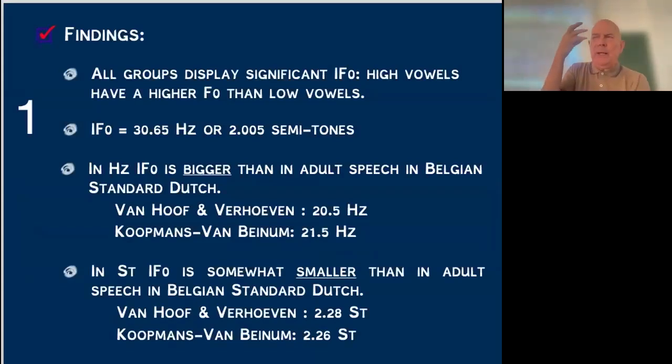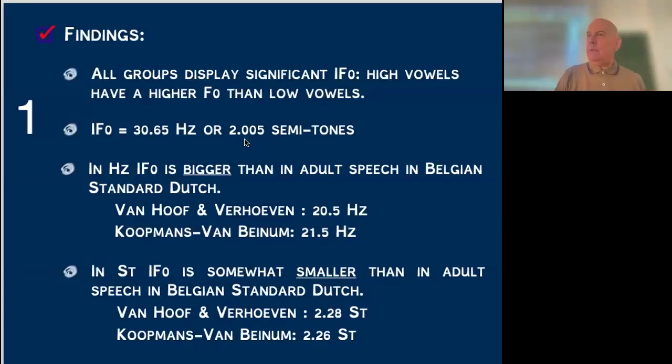To give you a little bit of an idea of how big those differences are, physically speaking, 30.65 Hertz versus 2.005 semitones. That gives a bit of a feel other than the Z-scores.